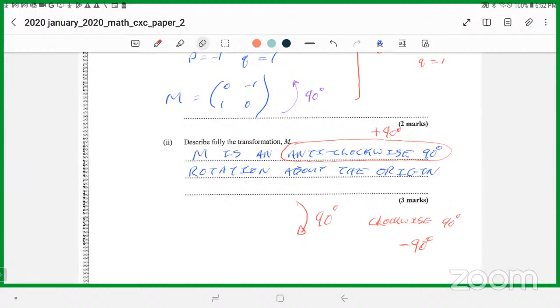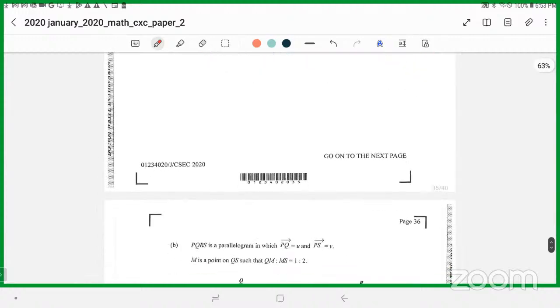But I've seen questions where they give the positive and the negative. Remember, positive rotation is anticlockwise and clockwise rotation is negative. There are questions that will test your knowledge of that. All right, let me leave that there. That finishes that. Let's move on.